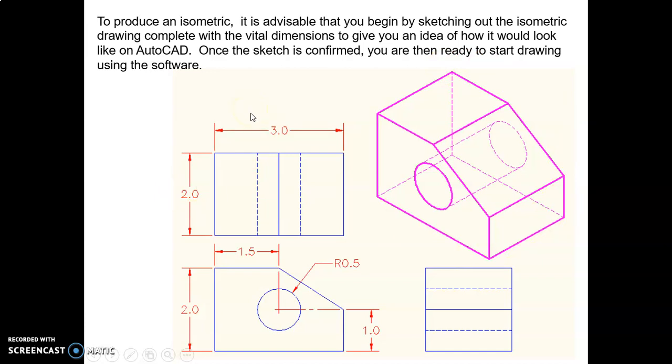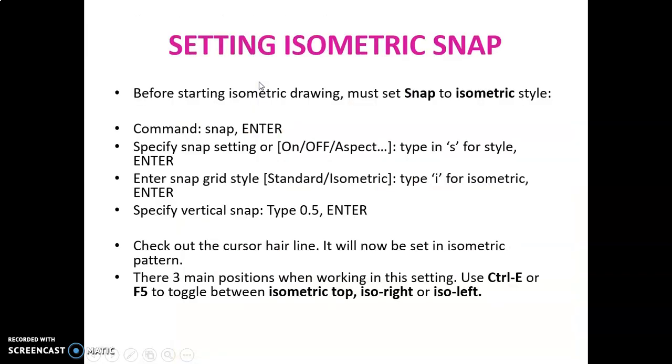In this case, it is advisable that you begin by sketching, so you can imagine how it looks. They give the front view, top view and side view, which is orthographic. You have to imagine and just sketch. When you sketch, you get a rough idea of the object. Once the sketch is confirmed, you are ready to start drawing using AutoCAD software.